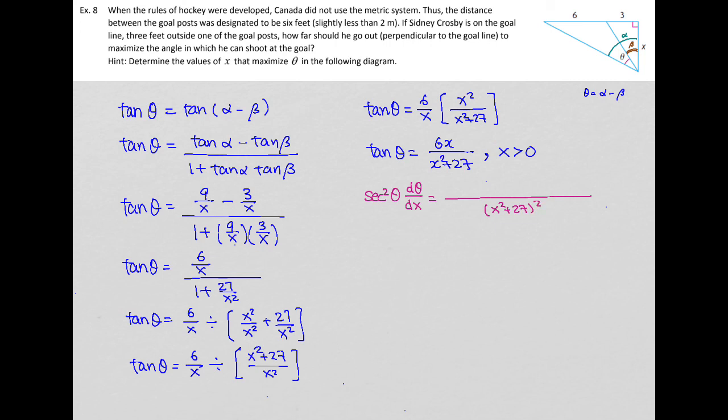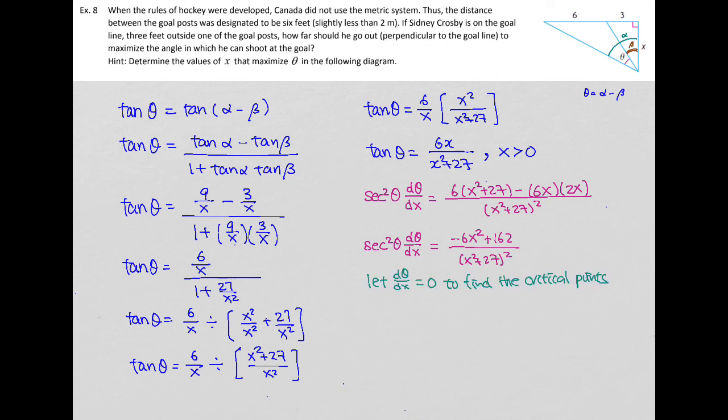Differentiate the numerator, which is going to be 6, times the denominator, minus the numerator, times the derivative of the denominator, which is 2x. Let's expand and simplify the numerator on the right-hand side of the equal sign. You will get negative 6x squared plus 162 over x squared plus 27 whole thing squared.